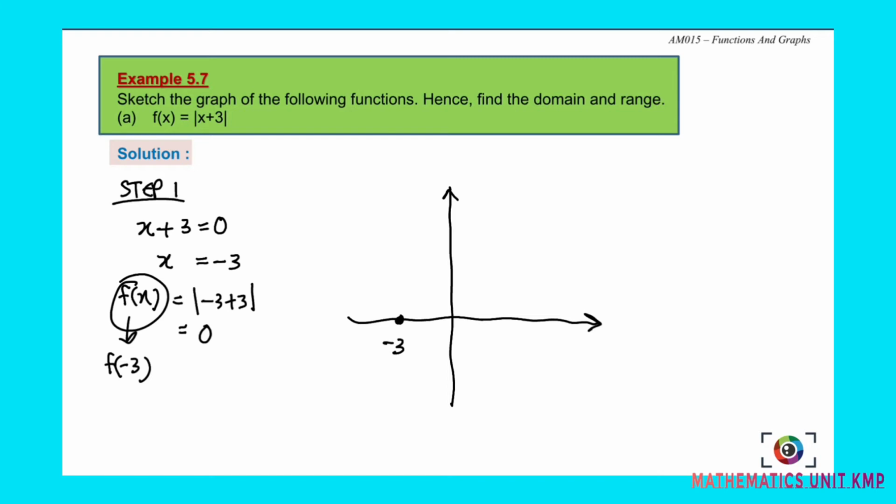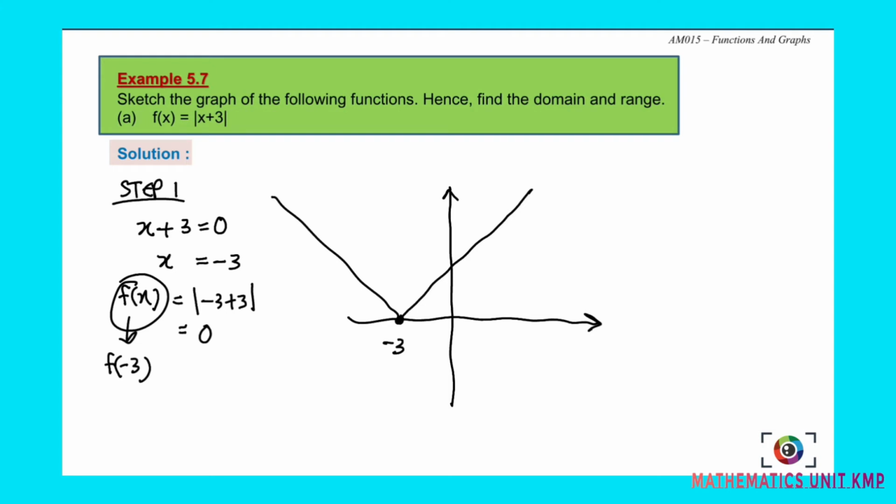Okay, itu bucu. Jadi untuk menentukan sama ada kita tarik V ke atas atau V ke bawah, terbalik, kita tengok luar modulus adakah dia positif atau negatif. Disebabkan dia positif untuk function ini, dia V ke atas. Faham?